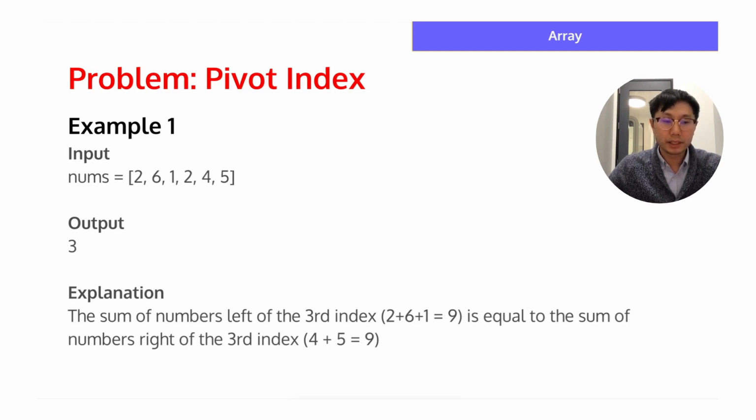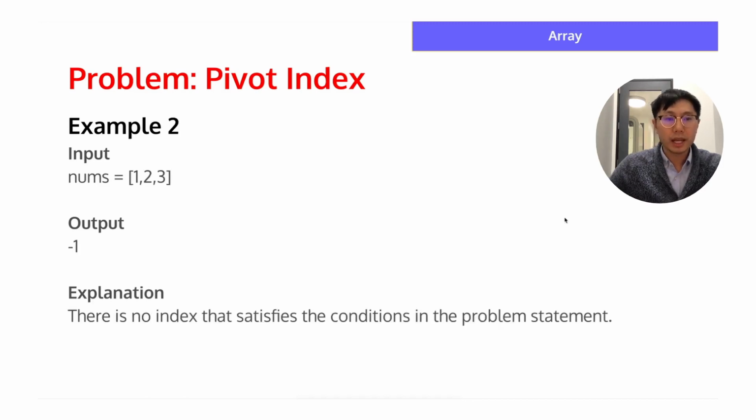This is because the sum of the numbers left of the third index, which are 2, 6, and 1, add up to 9, and that is equal to the sum of the numbers right of the third index, which are the values 4 and 5, and once again, they also add up to 9.